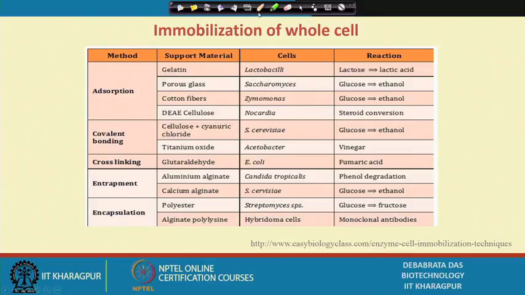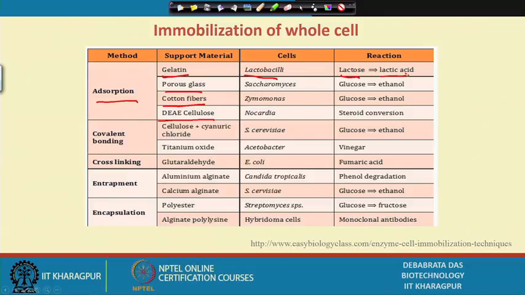Now, let us give you some applications of this. When you talk about the adsorption process, the supporting solid matrix is gelatin, porous glass, cotton fiber and DE cellulose. These are the different solid matrices we can use, and the cells, one is Lactobacillus, which converts lactose to lactic acid.